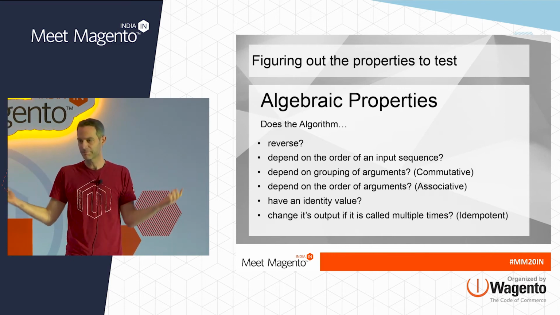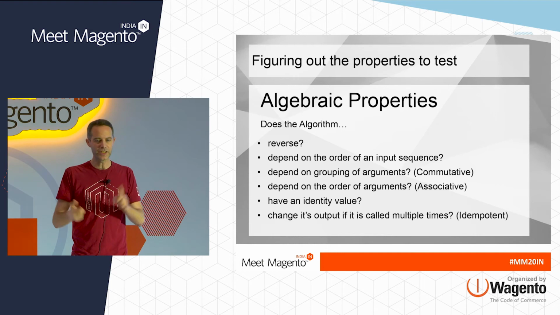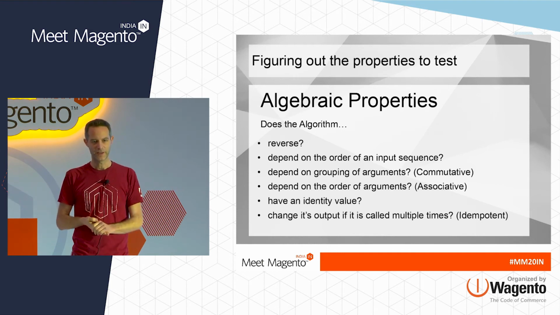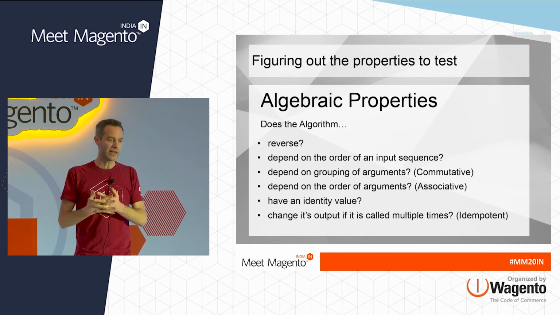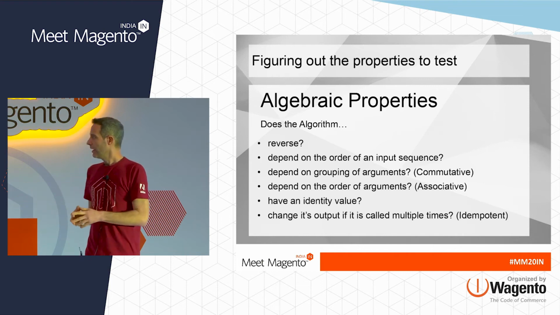Right? So is it associative, basically? For example, that would be the traditional multiplication, addition, definitely associative. Merging of an array or customer quotes, that's mostly associative under some conditions, if there are no duplicate keys, right? So again, sometimes useful. Is it commutative?